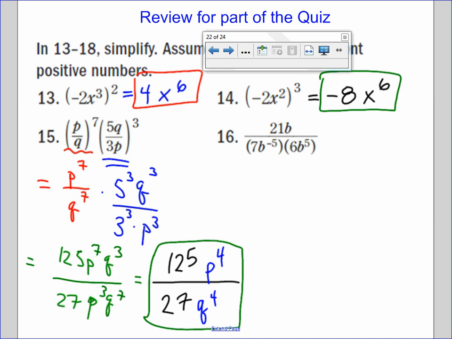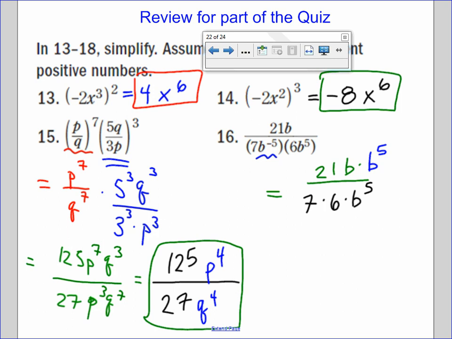Notice how the negative 5 is inside the parentheses. So it doesn't apply to the 7, it only applies to what's right next to it. So when I go ahead and rewrite this, I get 21b times b to the positive 5th over 7 times 6 times b to the 5th.